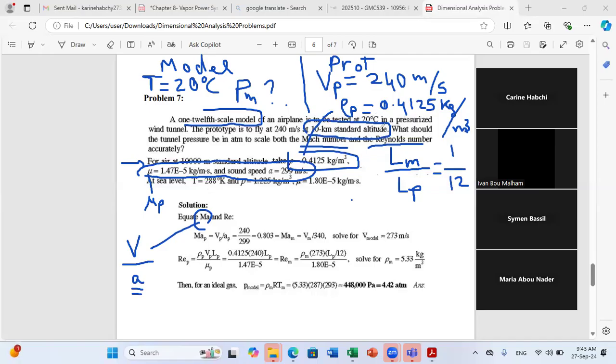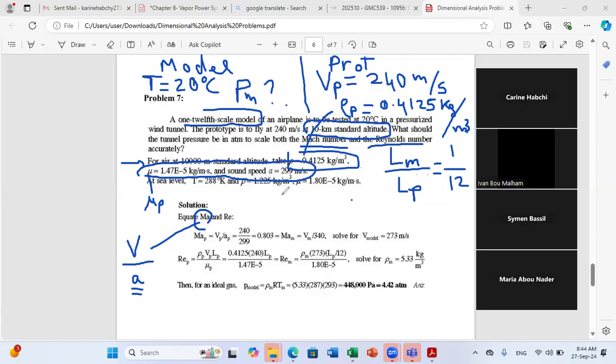Now, the second step is just to answer the question. We know that whenever we want to extrapolate results from model to prototype, we need to satisfy the condition that the dimensionless numbers are equal.